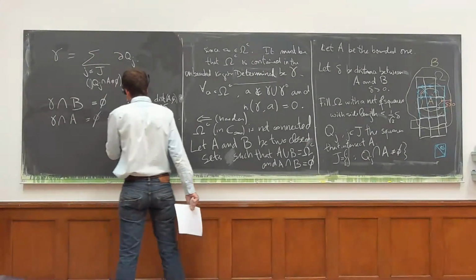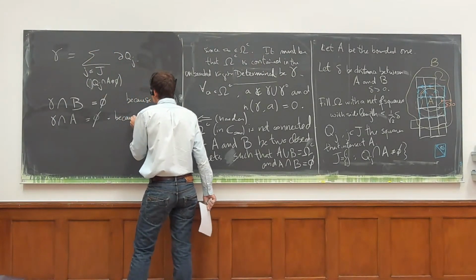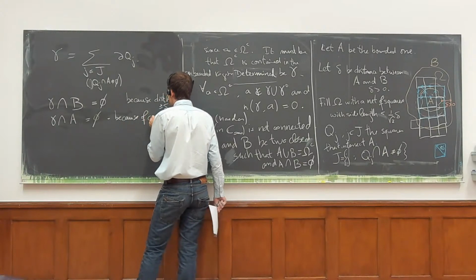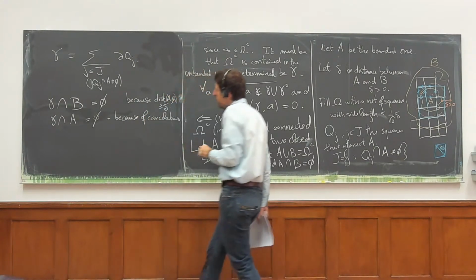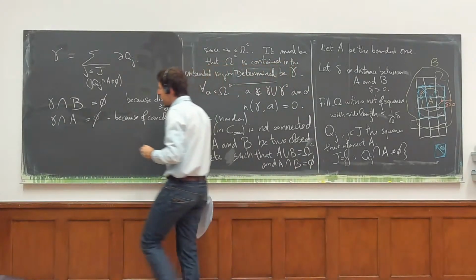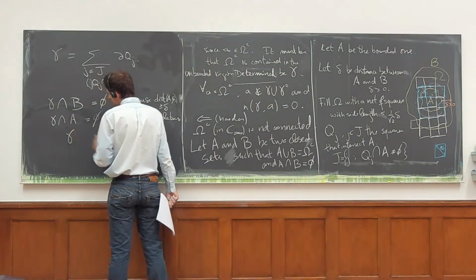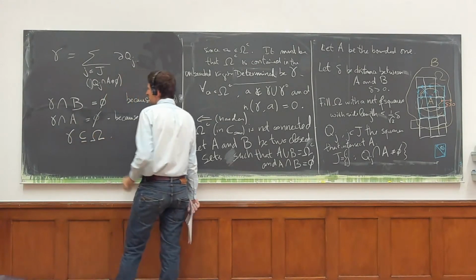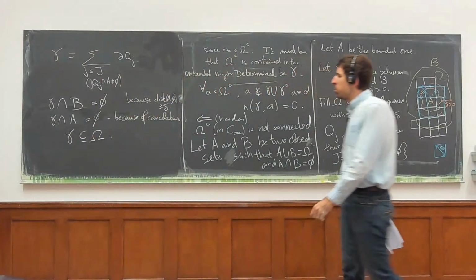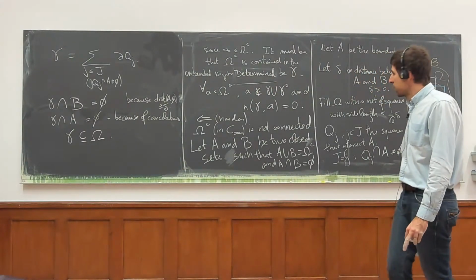So because of cancellations. Okay. It is also clear that this means in particular that gamma needs to be inside omega, because it's not inside B or A. Okay.